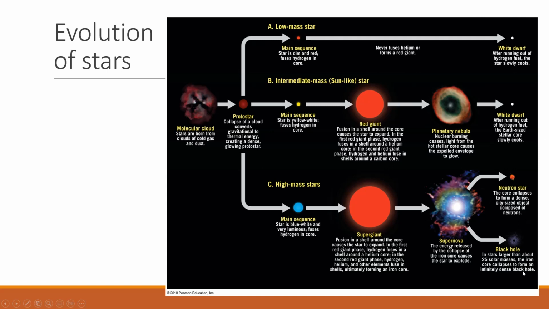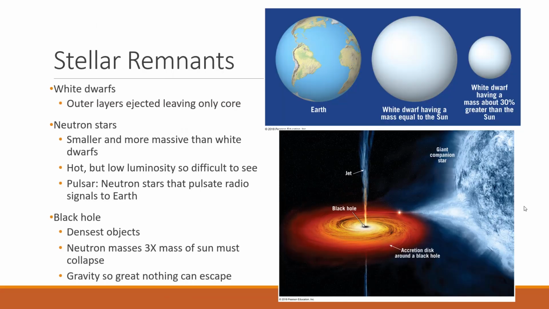All of these final stages are very dense materials. We are condensing things down into a small area, and there's a lot of matter still left in that area. So these are the densest materials in the universe. After we've burnt out our star, we can become a white dwarf, where the outer layers are all gone, leaving only the core.